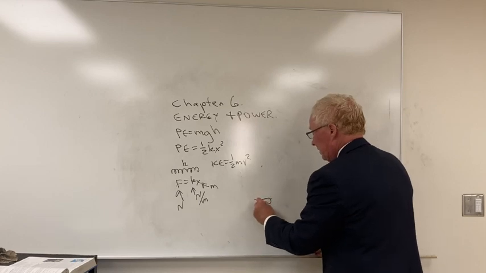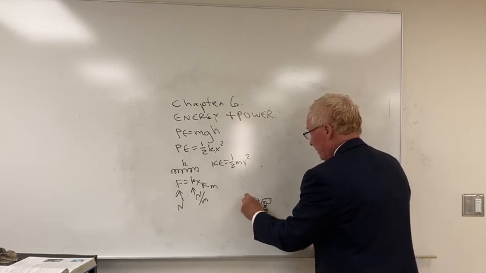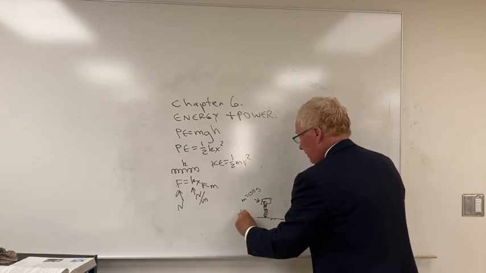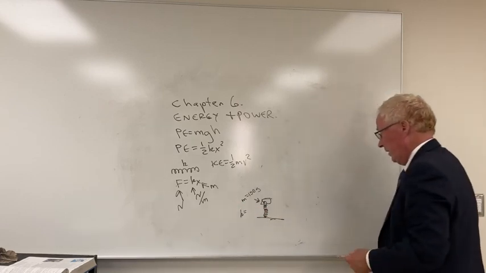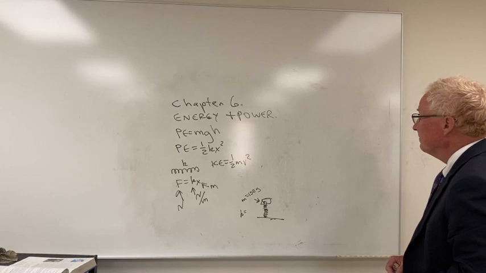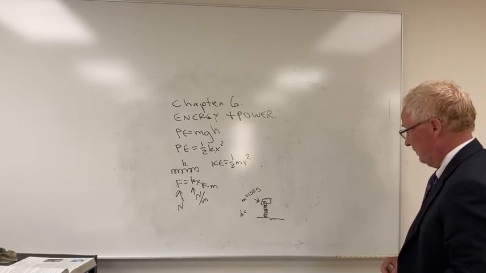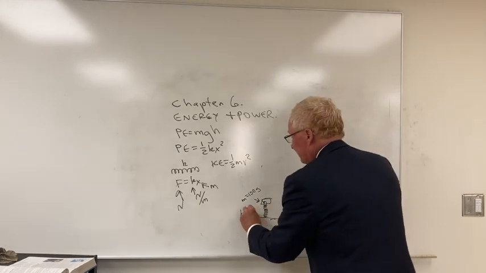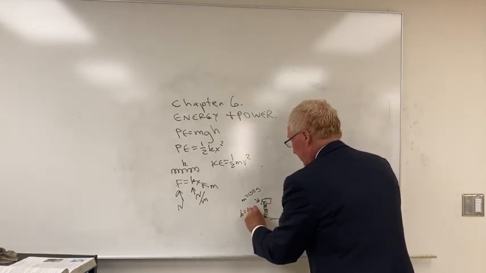Let's say a mass of 100 grams, and the spring has a spring constant of, let's say, 100 newtons per meter.